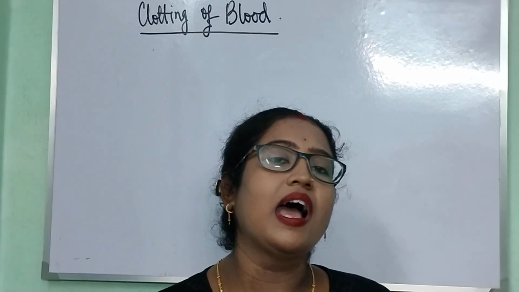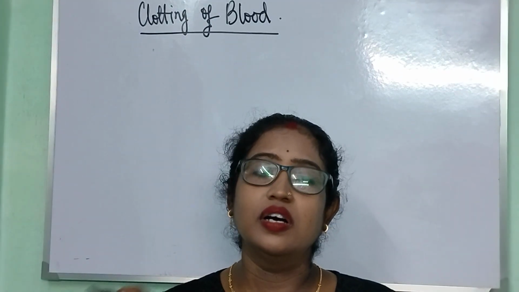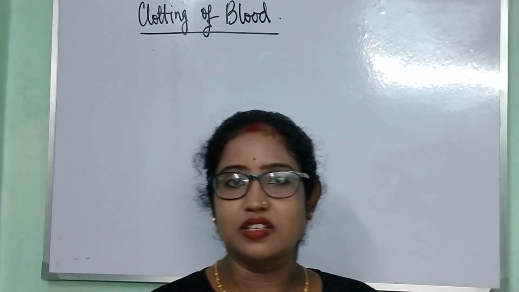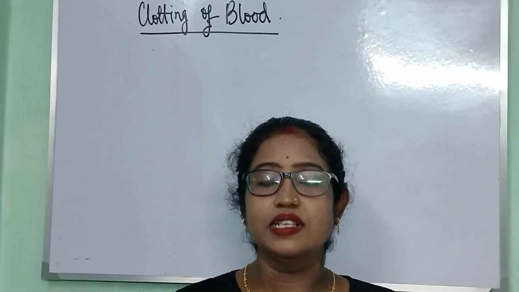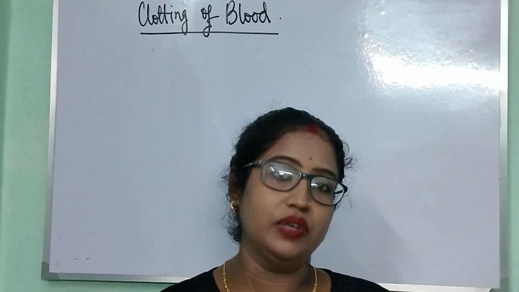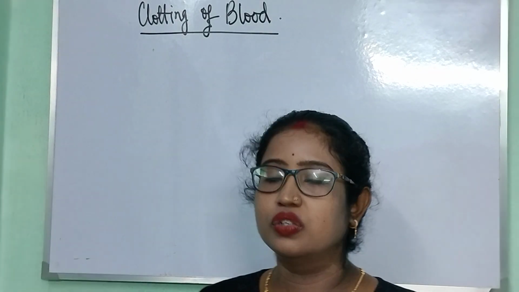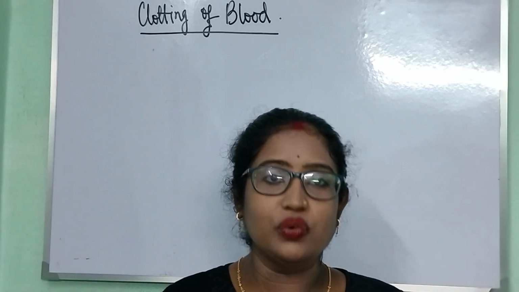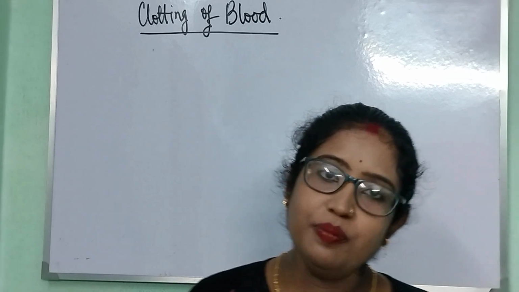Before that, I would like to mention that in a normal blood vessel, the blood won't coagulate or clot. Why? Because there is a natural anticoagulant present in our body.